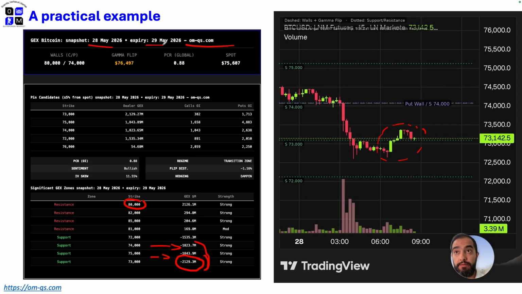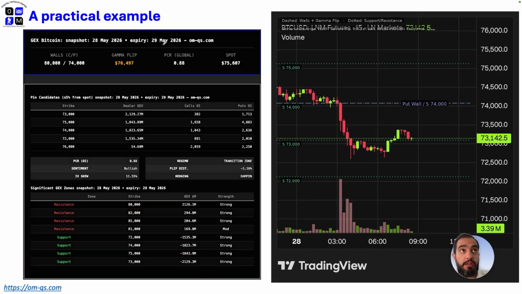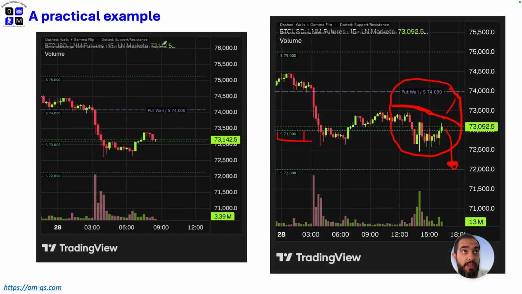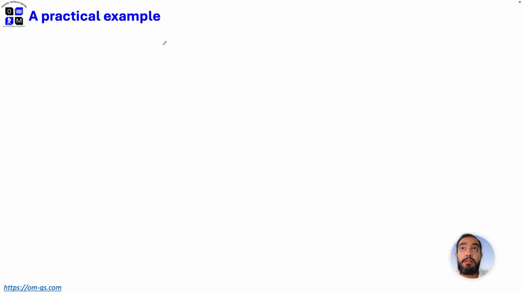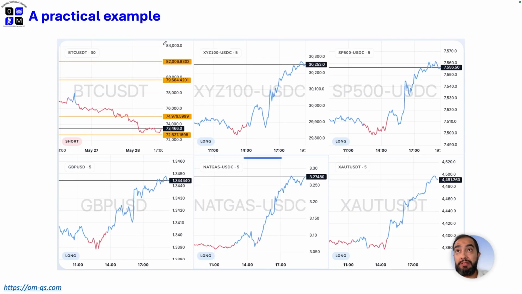So we still have a little bit of time until it happens, right? So again, another proof that it's actually pretty cool. Better than that, it's only the OMQS, because on the OMQS, Bitcoin was exactly in between the support levels from the OMSND for the week. So it's exactly bouncing there.